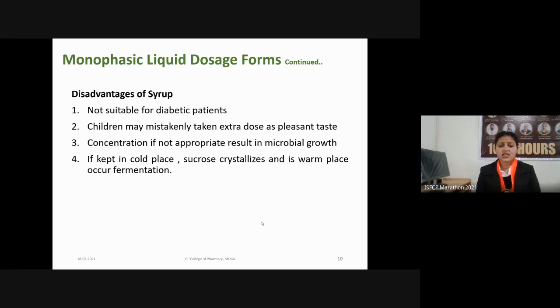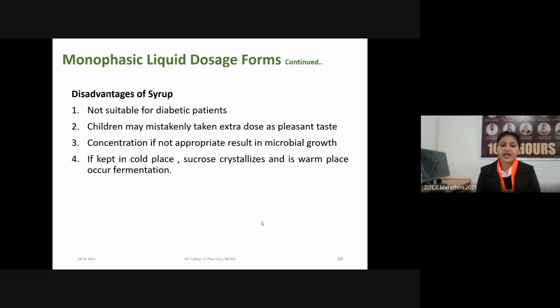Third disadvantage is that if the concentration is not appropriate, it results in microbial growth. It means, as I told you, that the syrup itself acts as a preservative, a self-preservative. There is no need to add extra preservatives in it. But this happens only if the concentration is maintained at 66.7% weight by weight.